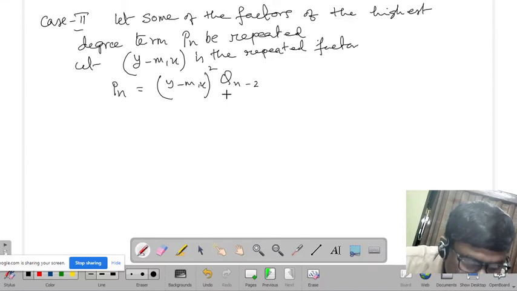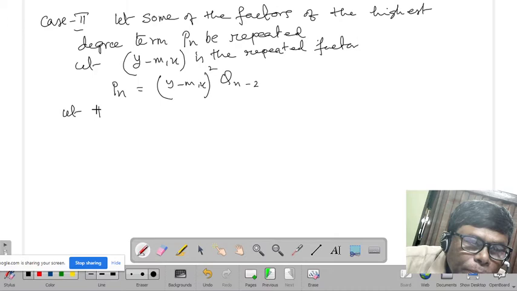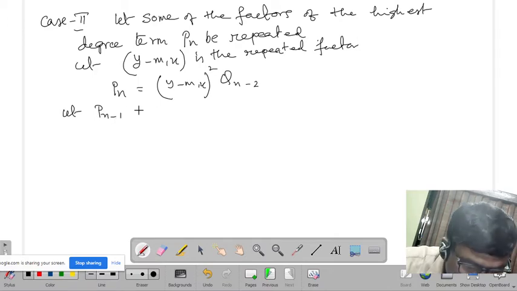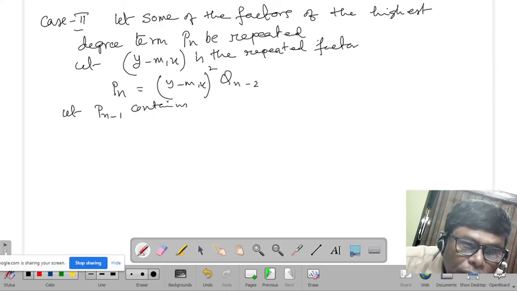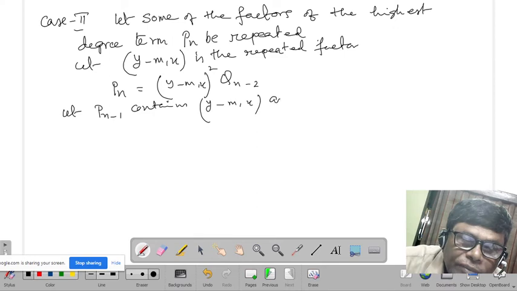In this case, we let Pn minus 1 contain y minus m1x as a factor.